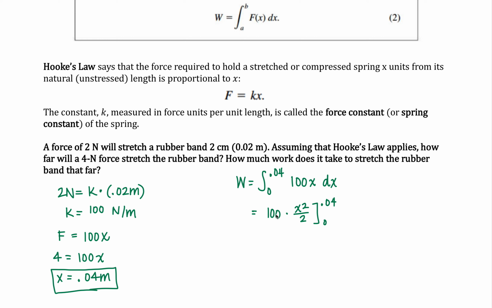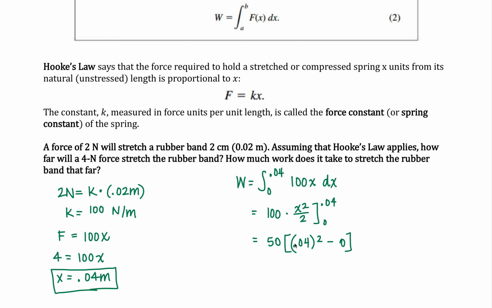You can see the 100 times x squared over 2, that 2 can cancel into the 100, so we just have 50 times x squared. Start out by plugging in the 0.04 for x, so it's 50 times 0.04 squared, minus plugging in the 0, and 0 squared is still 0.